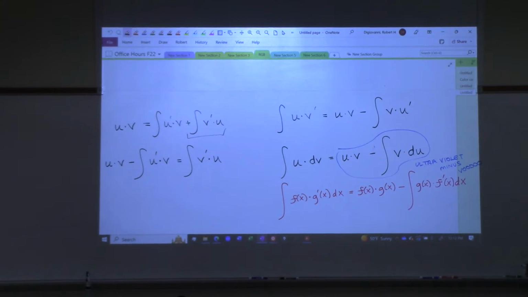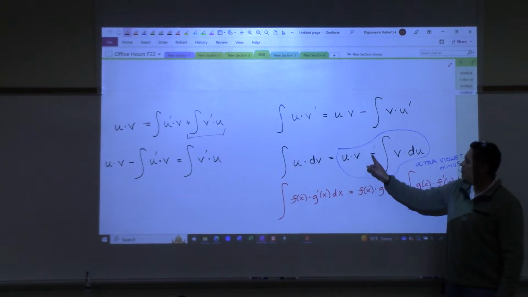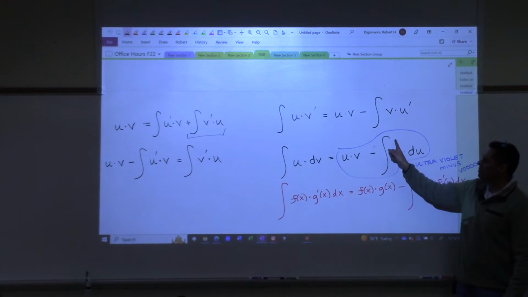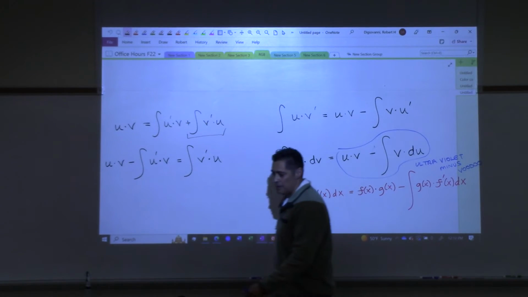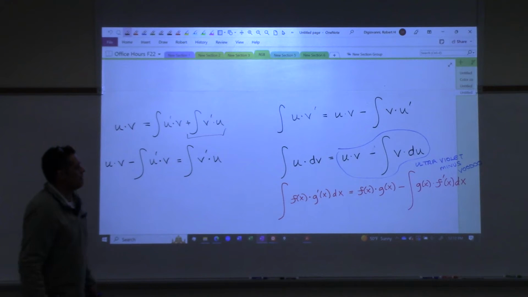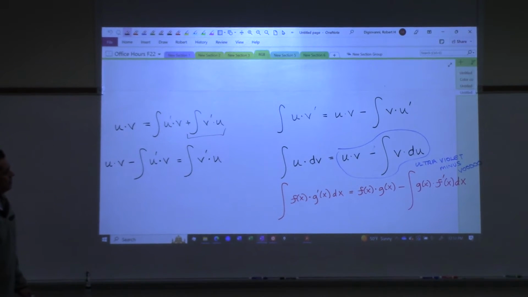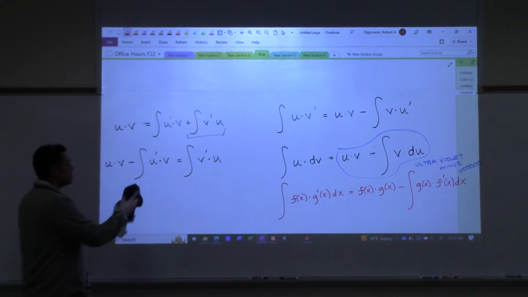Voodoo, is that right? Ultraviolet minus voodoo. I didn't make this up, okay? Someone showed this to me. It's cute. It's ultraviolet minus voodoo. But you have to remember the integral sign. Take it for what it is. Someone showed it to me. That's the way I remembered it, so. All right, let's go back to that problem we were stuck on.